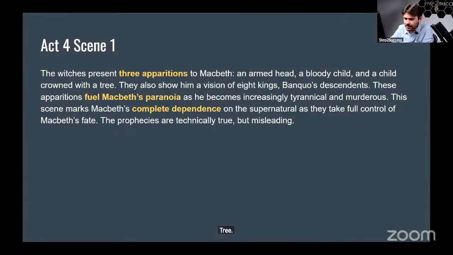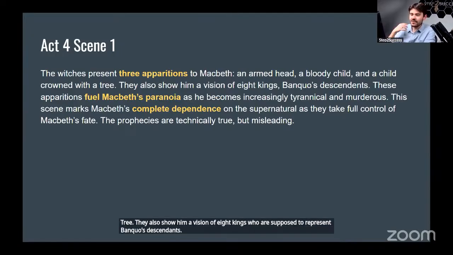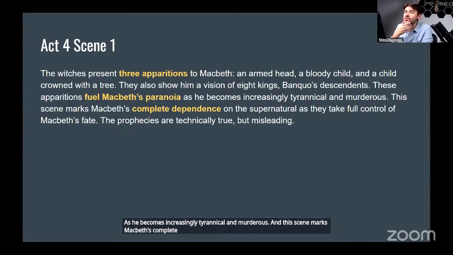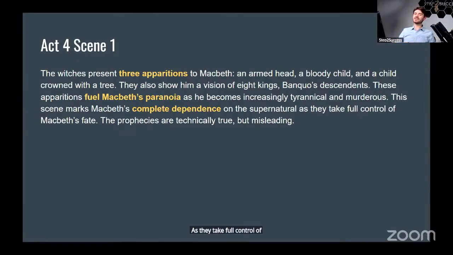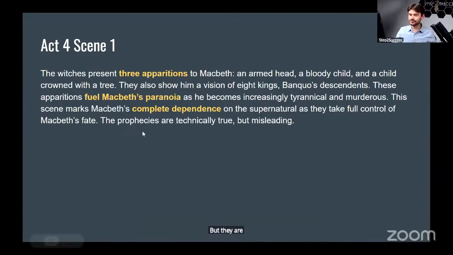They also show him a vision of eight kings who are supposed to represent Banquo's descendants. These apparitions fuel Macbeth's paranoia as he becomes increasingly tyrannical and murderous. This scene marks Macbeth's complete dependence on the supernatural as they take full control of Macbeth's fate. And these prophecies are technically true, but they are misleading.